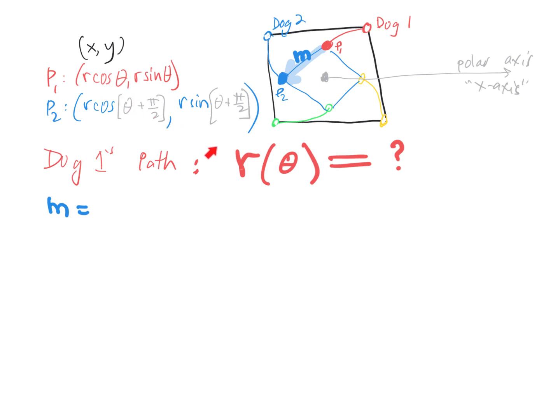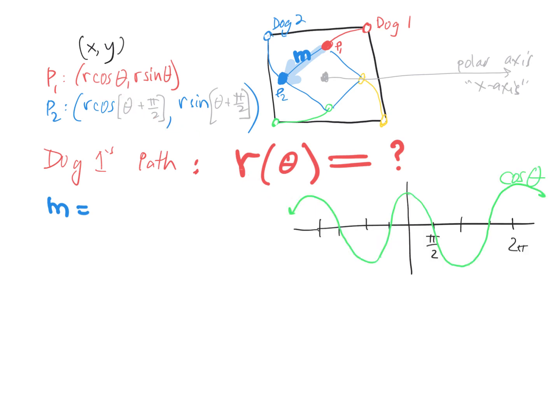Let's take a look at that over here really fast. There's cosine of theta in green, and in blue is the sine curve. If we have cosine of theta plus pi over 2, that's a horizontal translation of pi over 2 to the left. Where is the green cosine curve if we translate it pi over 2 to the left?